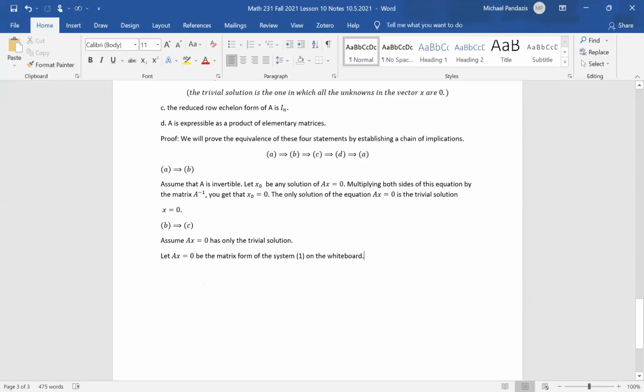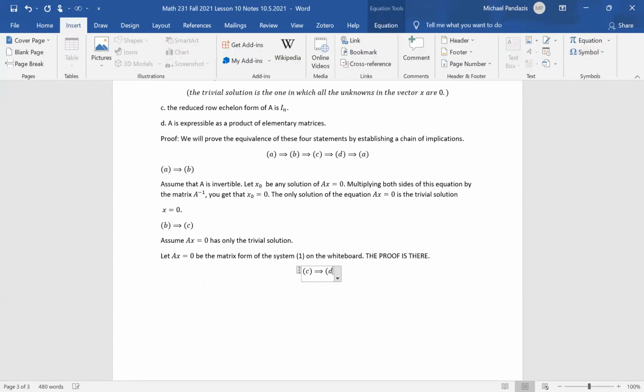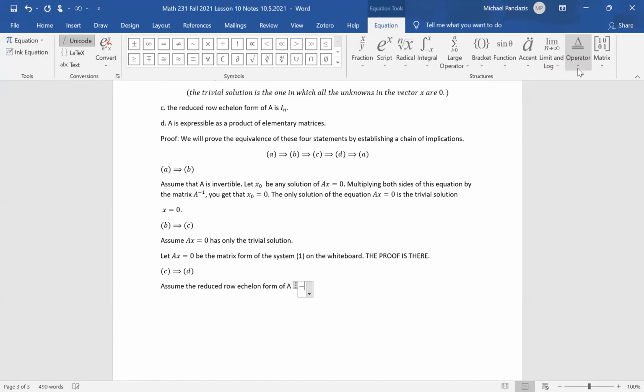The proof is there. Okay. So C implies D is next. So we have to prove C implies D. So we assume C. Assume the reduced row echelon form of A is I sub n.